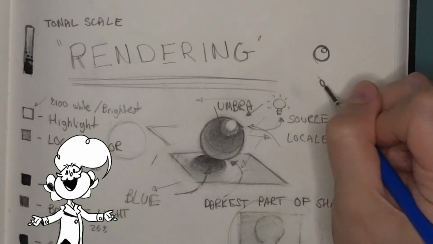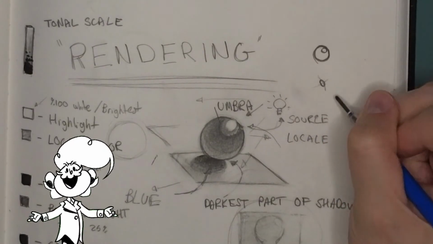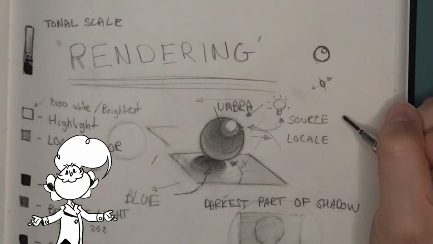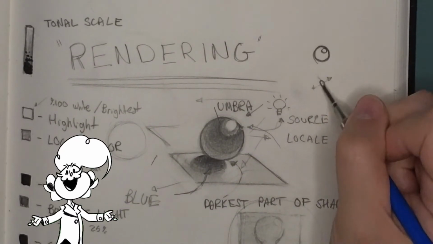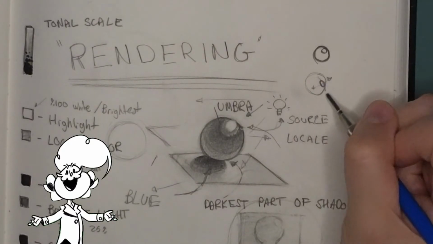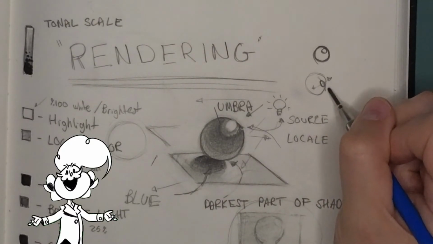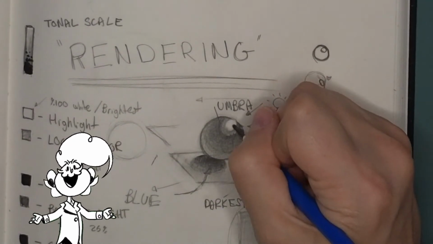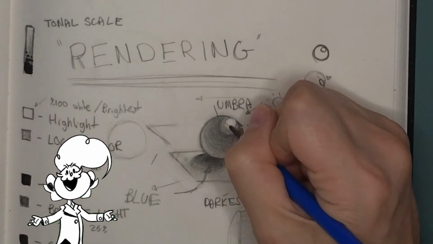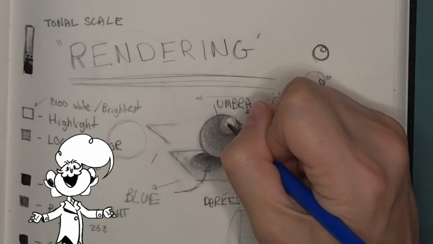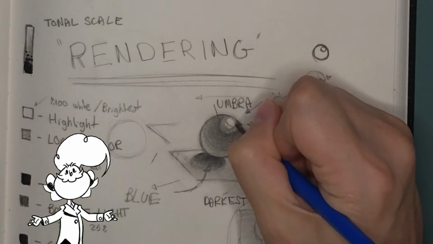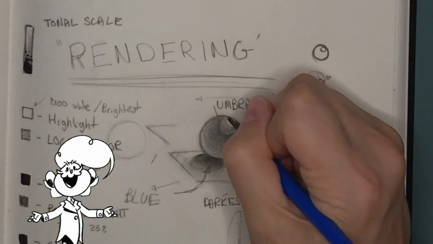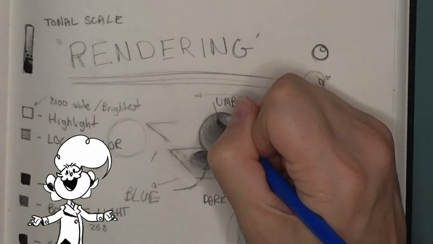The perspective is flattening it in this direction, because if it was on a ball near the edge, it would be flattening it on the horizon side. So this actually needs to be more of an oval here. And that's also true for this umbra.